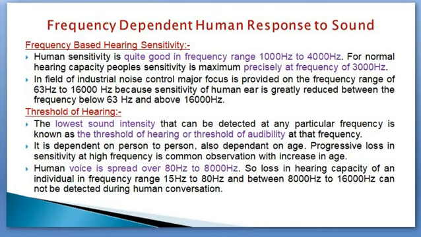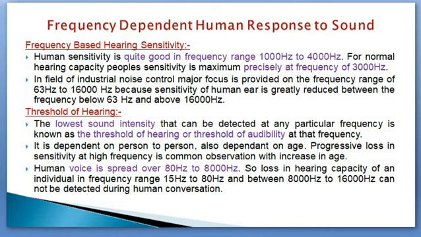Human voice is spread over 80 Hz to 8000 Hz. So, loss in hearing capacity of an individual in the frequency range between 15 Hz to 80 Hz and between 8000 Hz to 16000 Hz cannot be detected during human conversation, because we are generating sound only between 80 Hz and 8000 Hz.